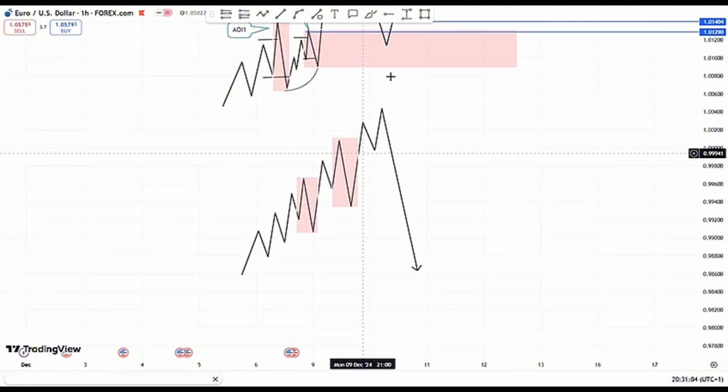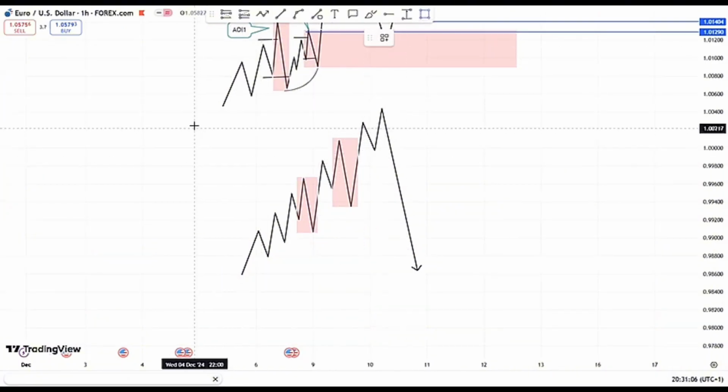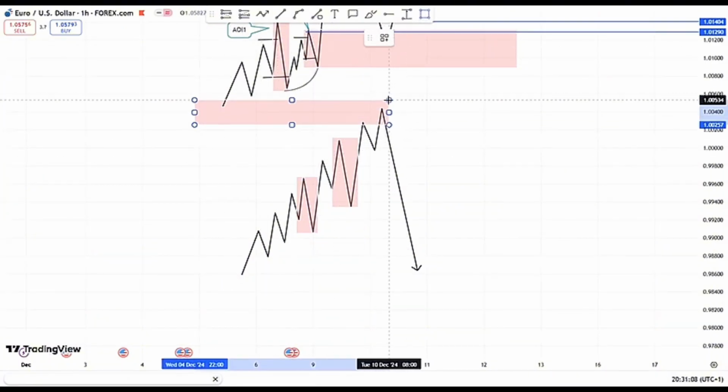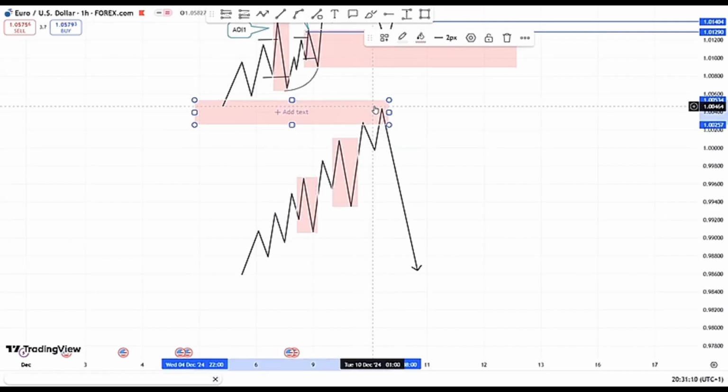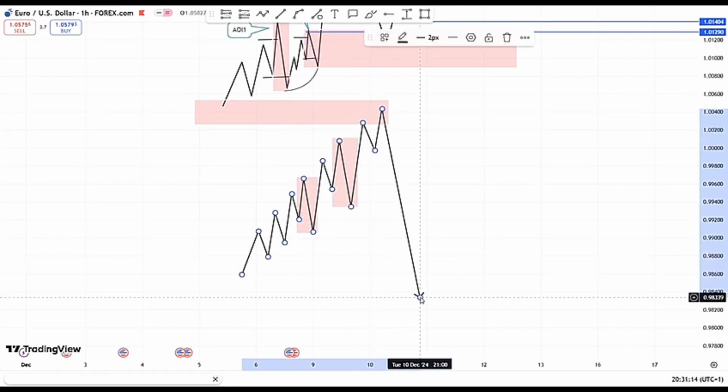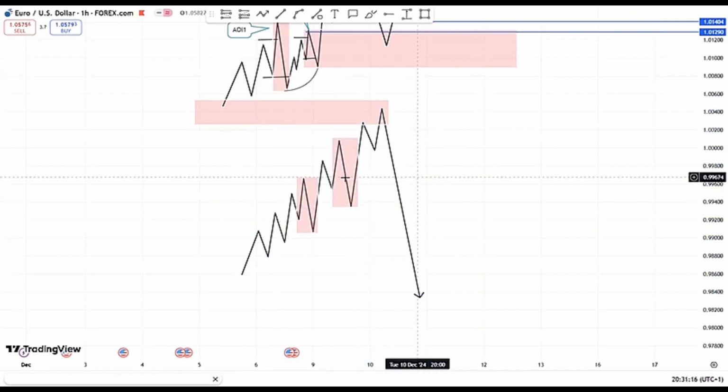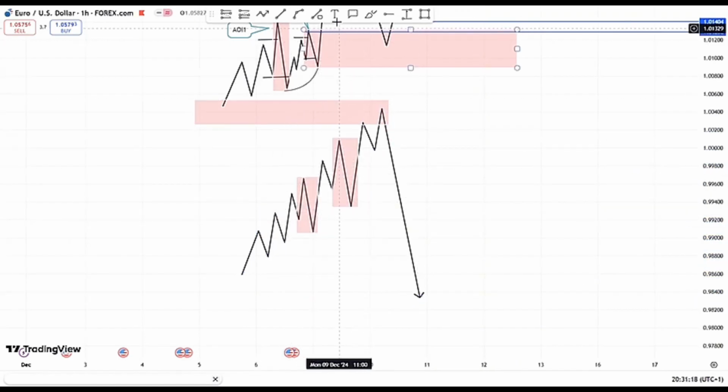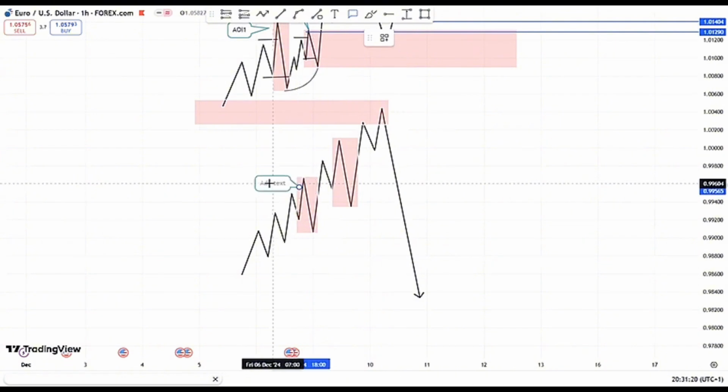And now probably price got to a resistance level or a supply that is capable of what? Causing price to what? To reverse to the downside. Let's assume. Now, good. Now, you agree with me that this is AOI 1. This is AOI 1.